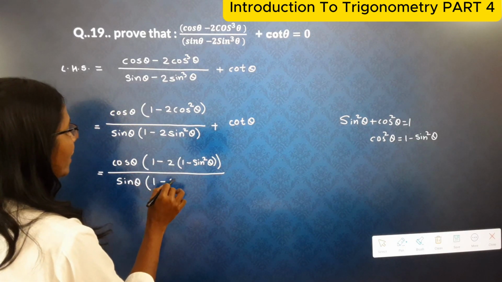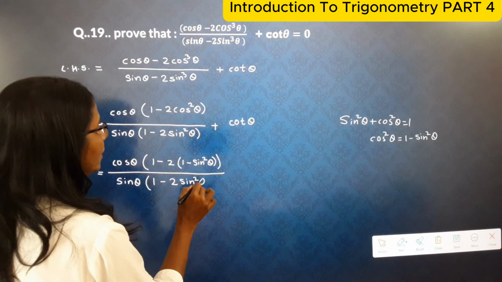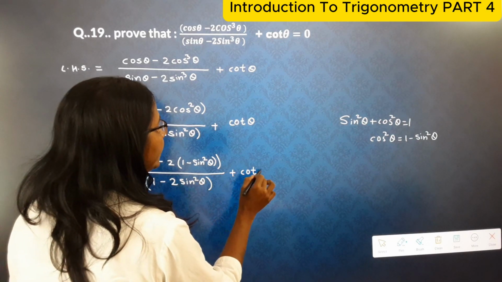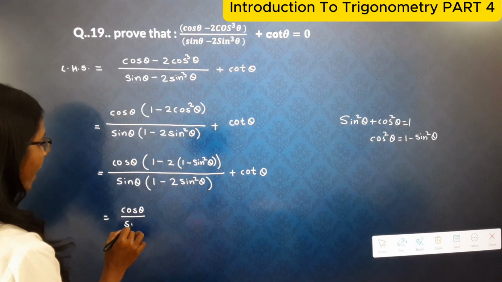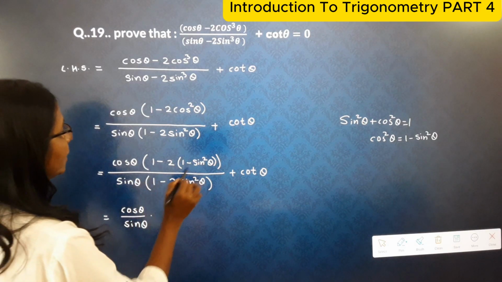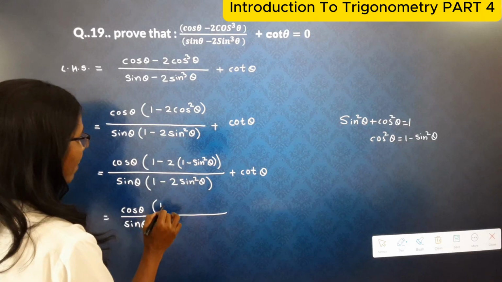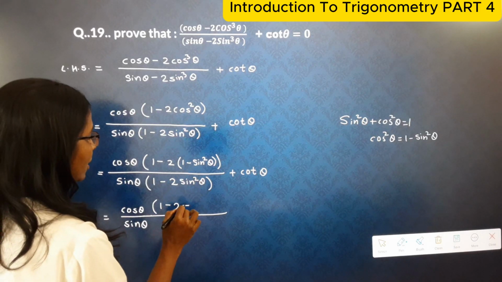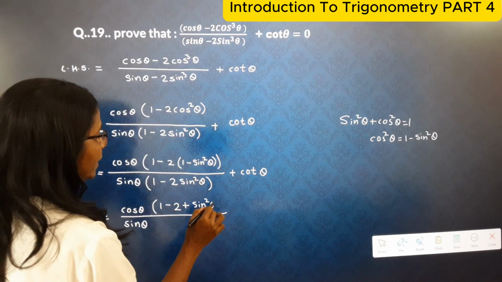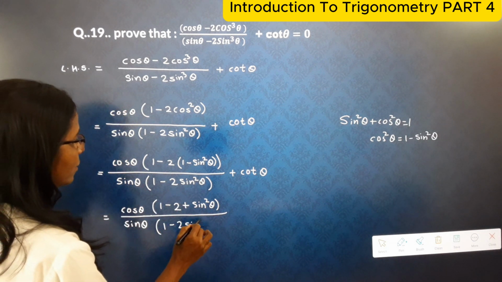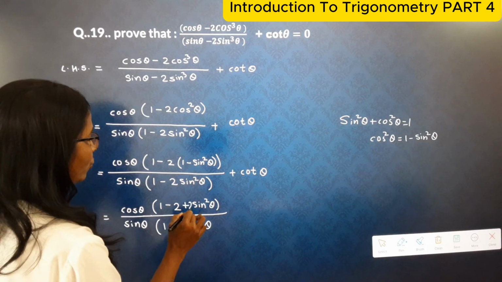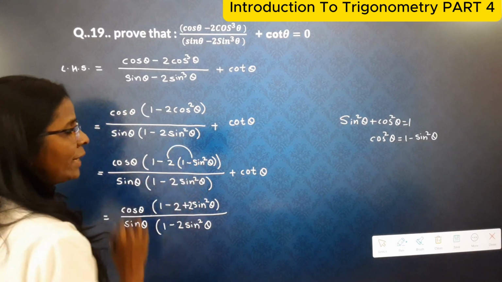So now 1 minus 2 sin square theta plus cot theta. Cos theta divided by sin theta, and here 1 minus 2 plus 2 sin square theta, because we multiply by 2 here.